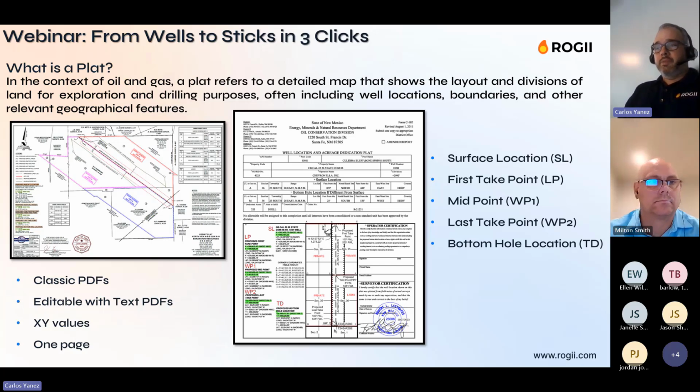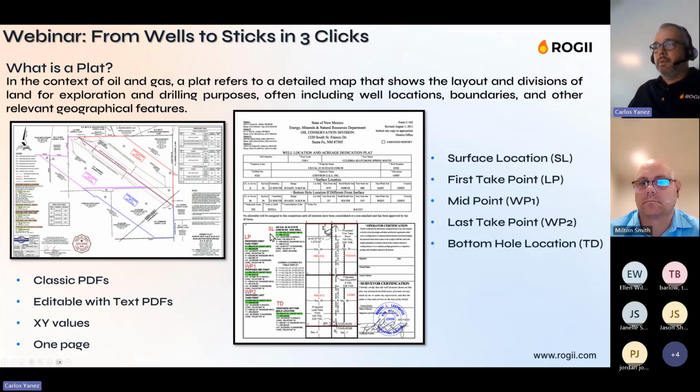Basically, you need the classic PDF, an editable text PDF. You cannot bring in a scanned image PDF; it's not going to work. You need to be 100% sure that the plat has the X and Y values inside the PDF, and that everything is on one page.